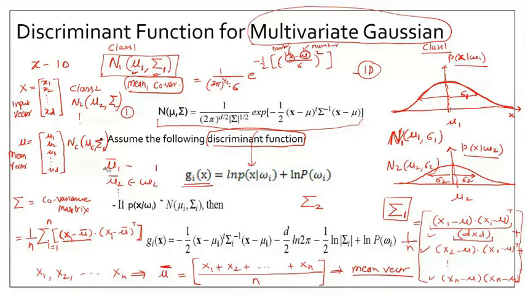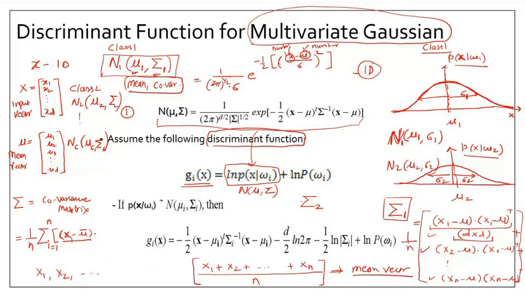Now in that gi(x), I substitute this normal distribution form and simplify that. If I substitute here, this is my likelihood, which is of the form like this, and this is given by this equation. Suppose let us say I substitute this equation number 1 in equation 2. So I bring this thing here.